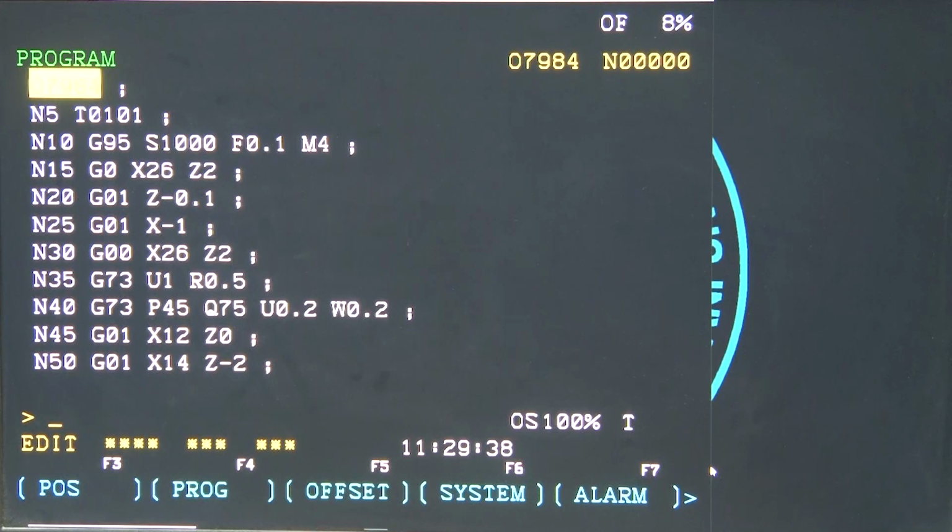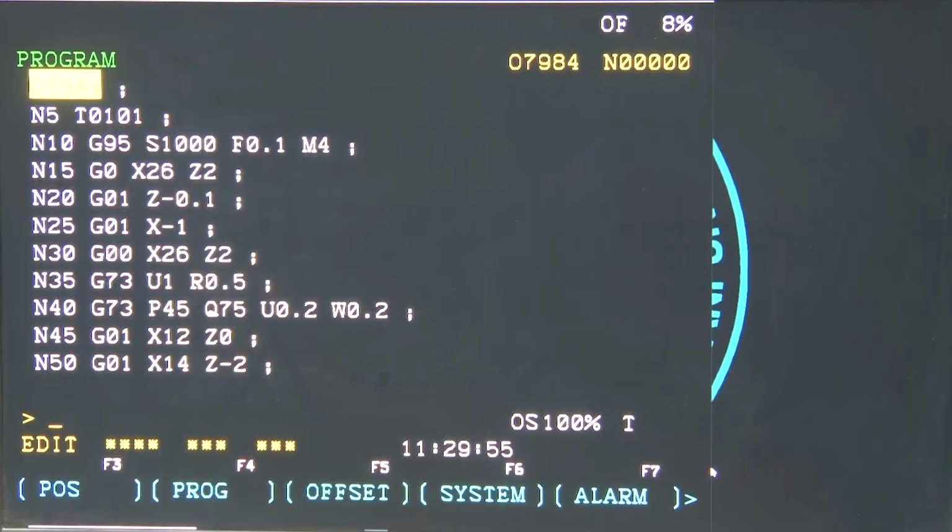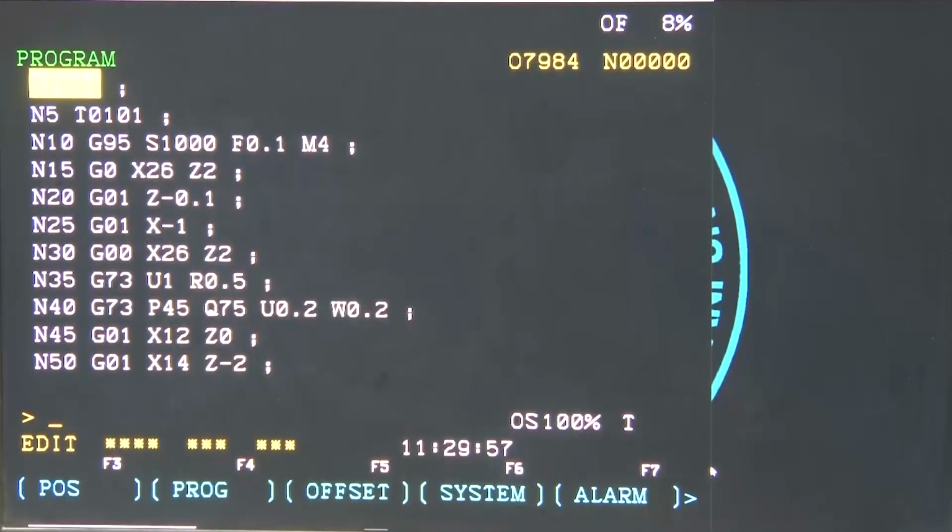Now the entire program is made, and as you understand, this programming itself is not a difficult task, because you have all the codes in the table, and you can figure out which code stands for what and which code is required for that particular program, because you have the drawing with you. So, you know how to give the command, how the tool has to move from one point to another depending on the dimensions given in the code that you have generated.